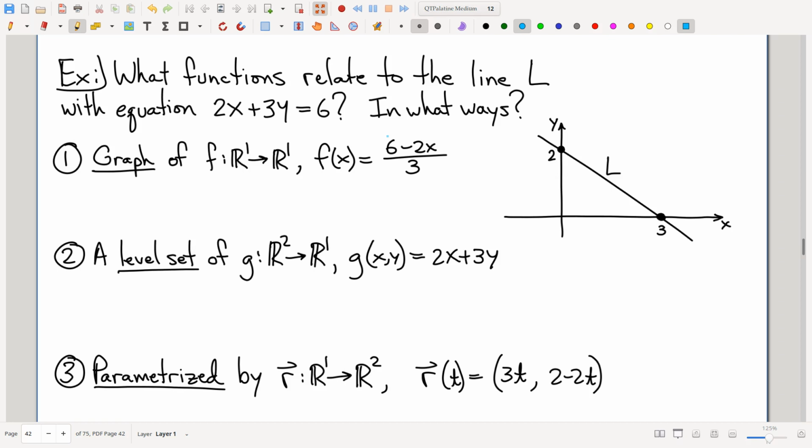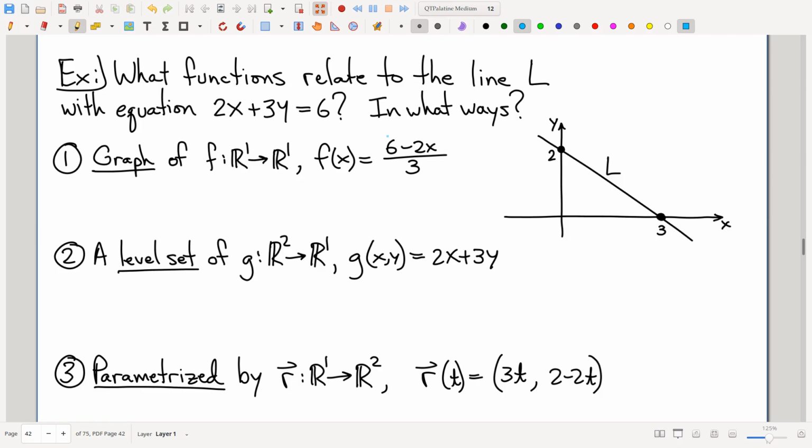The upshot, though, is you've got to be really careful what kind of construction you're using if you want to relate a geometric object like a line with an algebraic object like one of these functions. Be careful which construction you're talking about. They are all different. They give you different functions. And they all have what I'm going to call different kinds of calculus.